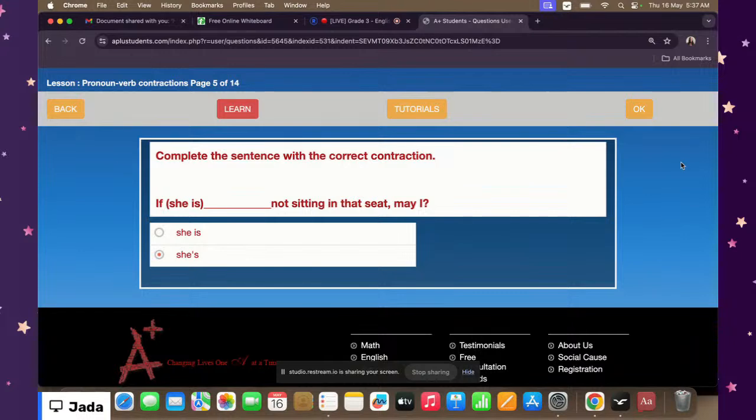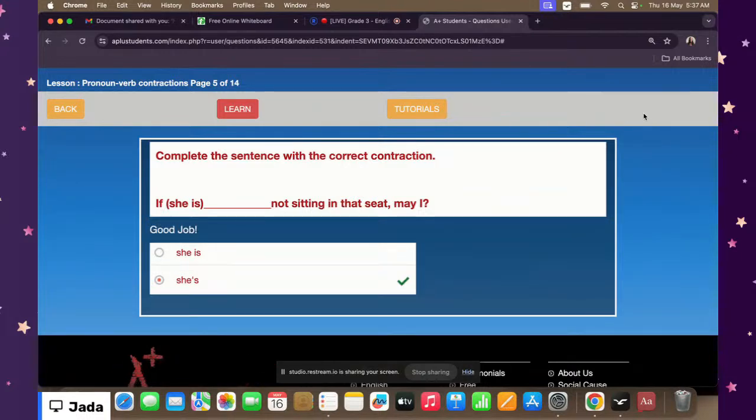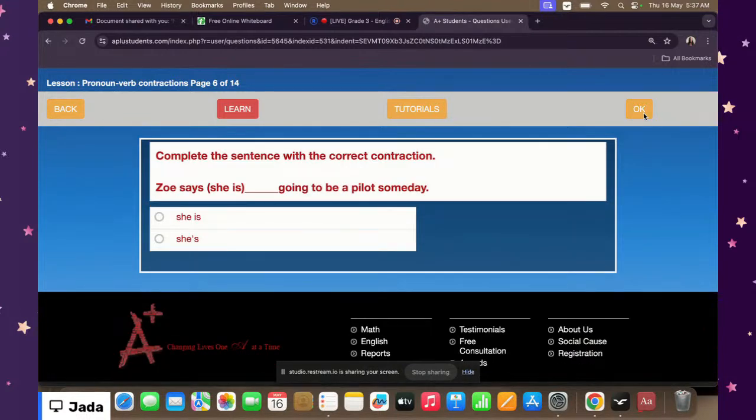All right. So these are all different ways that you can have shortened versions of pronouns, and all these are contractions. Okay, so you have to take note of all these contractions. Contractions are used a lot. You can use contractions when you're making a sentence.